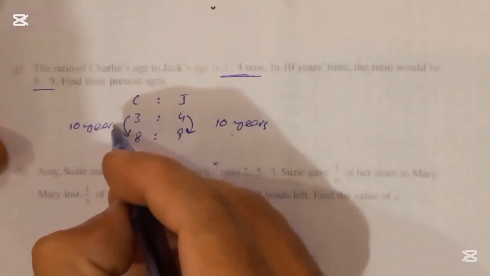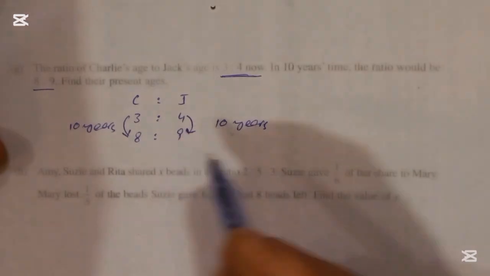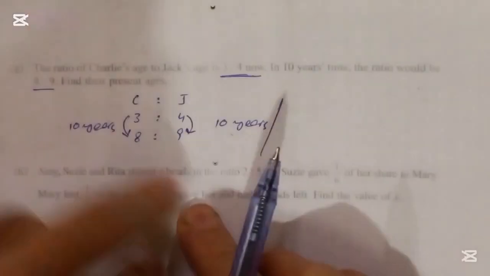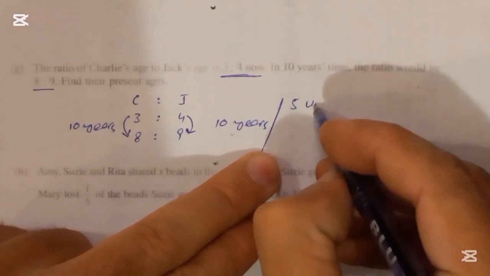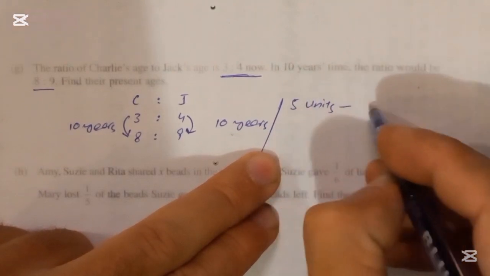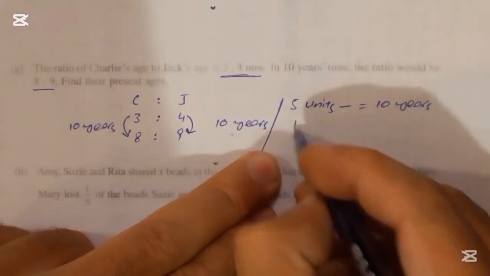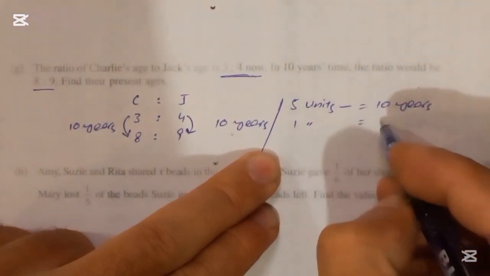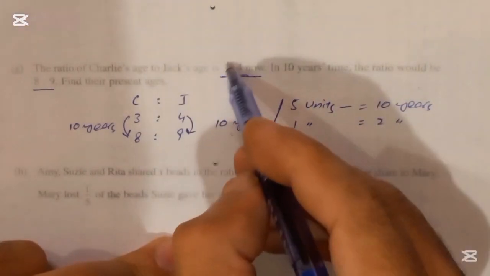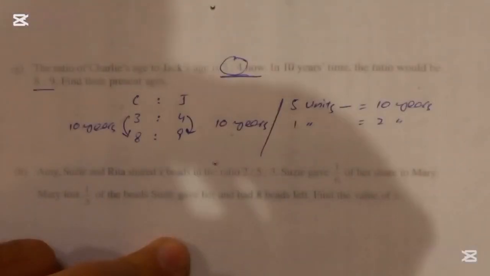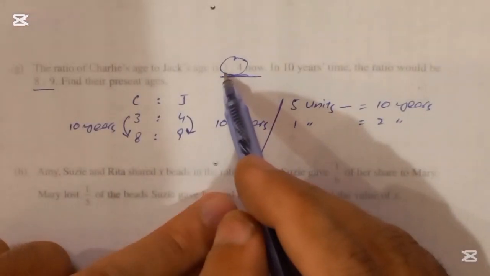From here we can see the difference is 5 units. So 5 units representing 10 years. And 1 unit will represent 2 years. And this is the present ratio. So the requirement is find their present ages. So this is the present ratio given.